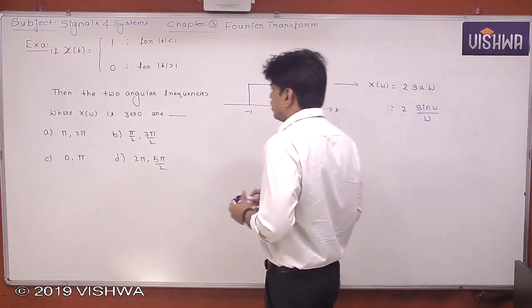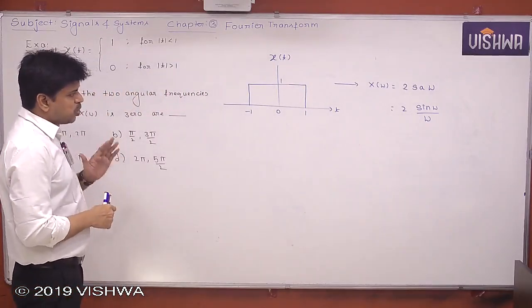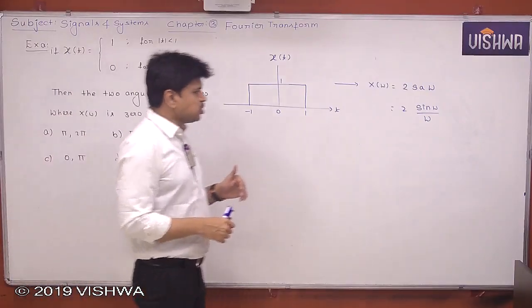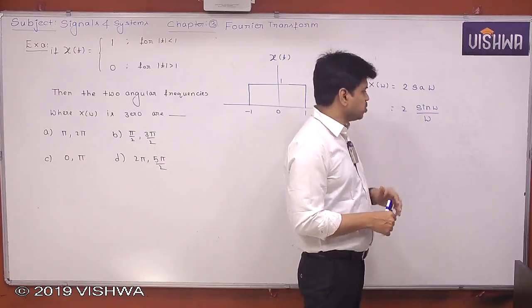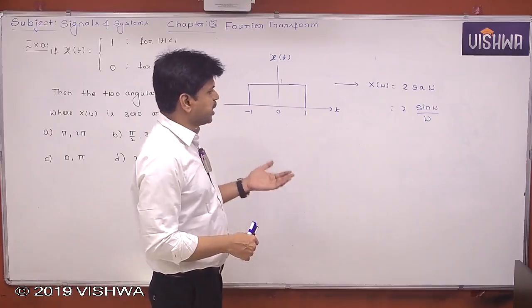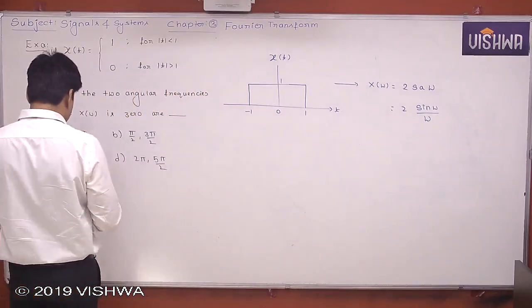So for what values of frequencies will this x of omega become 0? Don't take omega is equal to 0. Why? If you take omega is equal to 0, its value is not equal to 0, its value is equal to 2. So from this I can say 0 is eliminated. The remaining frequencies are pi, 2 pi, 3 pi, like that. So which option is going to be correct? That is nothing but A.